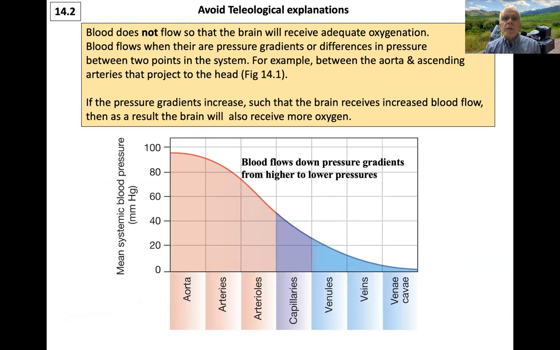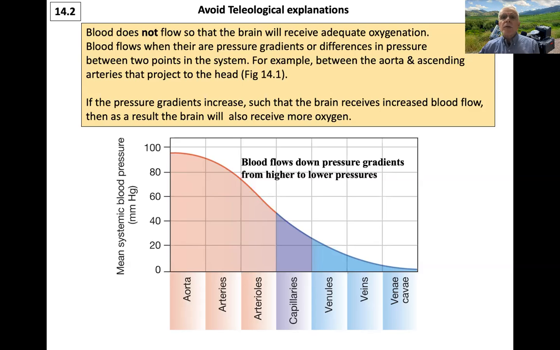One of the first things I want to do is to caution you about explaining physiological processes in teleological terms. So I'm saying in this image, avoid teleological explanations of physiological processes. There's no magic here. Everything can be explained in terms of chemistry and physics, and usually a combination of the two.